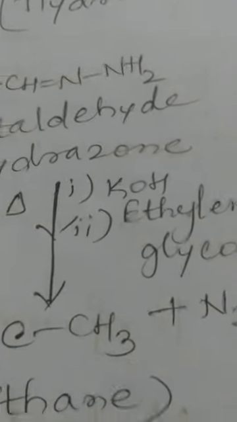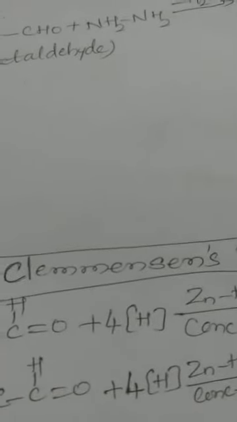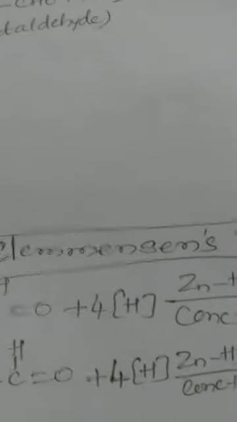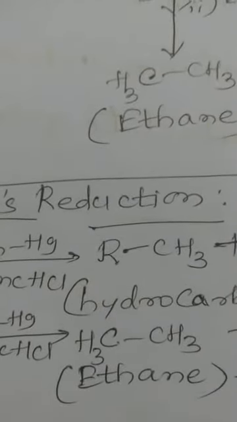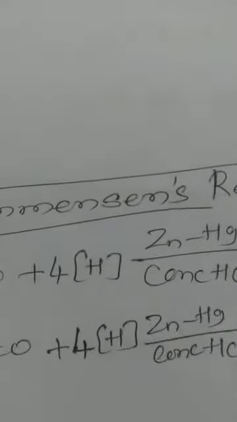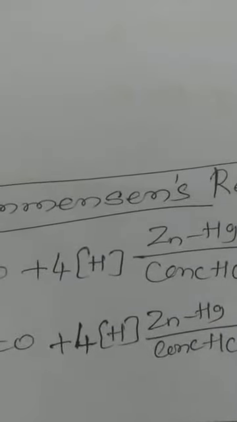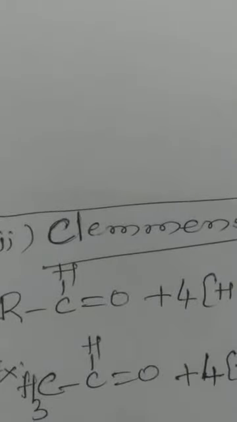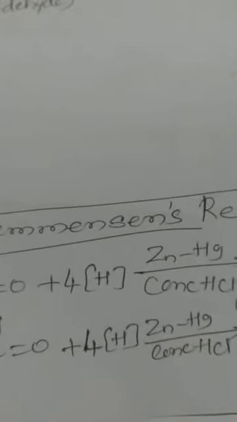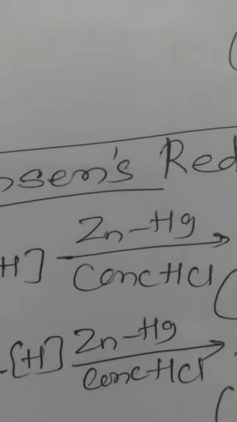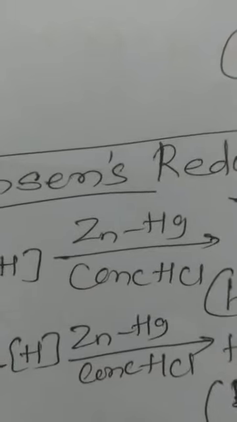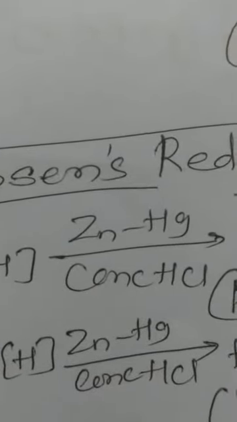Another named reduction reaction is called the Clemmensen reduction. In the Clemmensen reduction, once again the carbonyl group of the aldehyde, CO, is reduced to CH2. This reduction is carried out using zinc amalgam in concentrated HCl. Remember, whenever Hg, mercury, is present with a metal, it is called an amalgam.